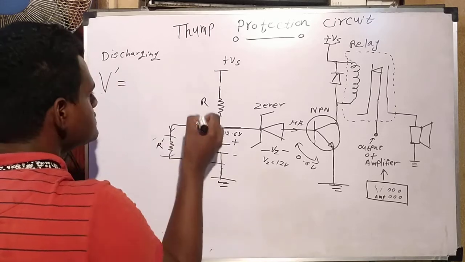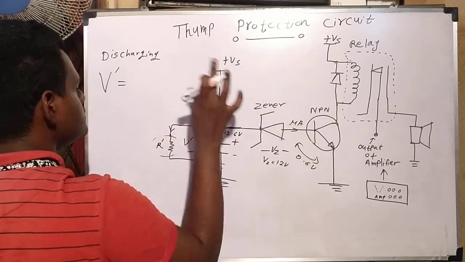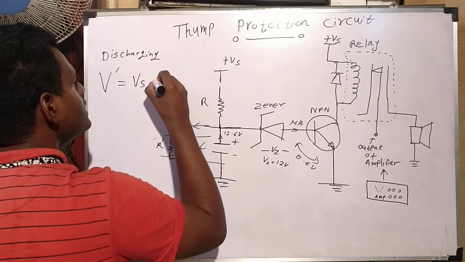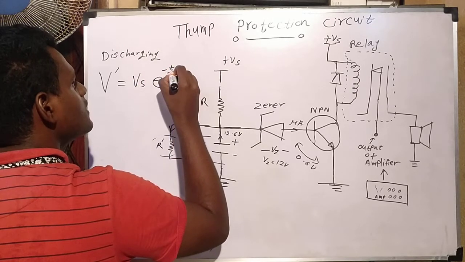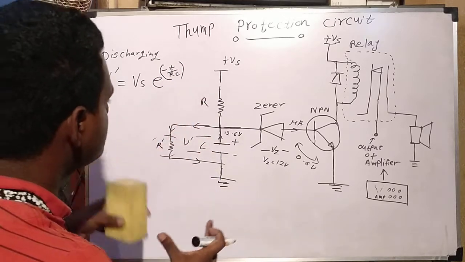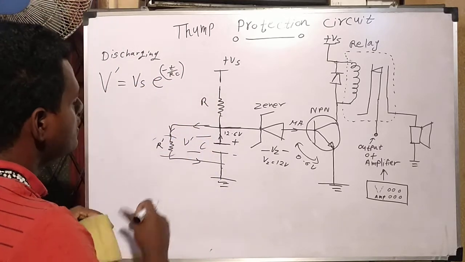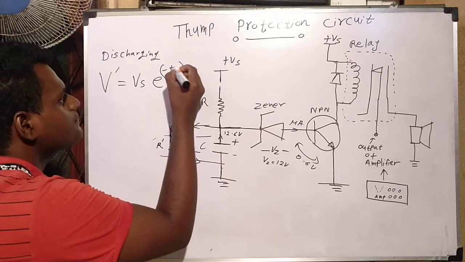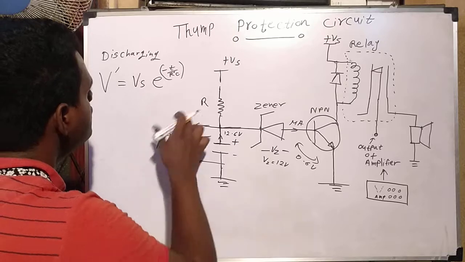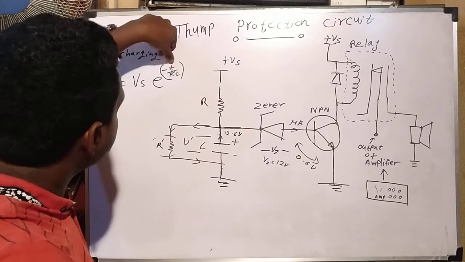V dash equals the voltage up to charge, Vs, times e to the power minus t over R C. This is the basic equation for discharging of the capacitor through the resistor. In here R dash C, C is the capacitor value, and this is the R dash value. Then we can calculate the discharging time.